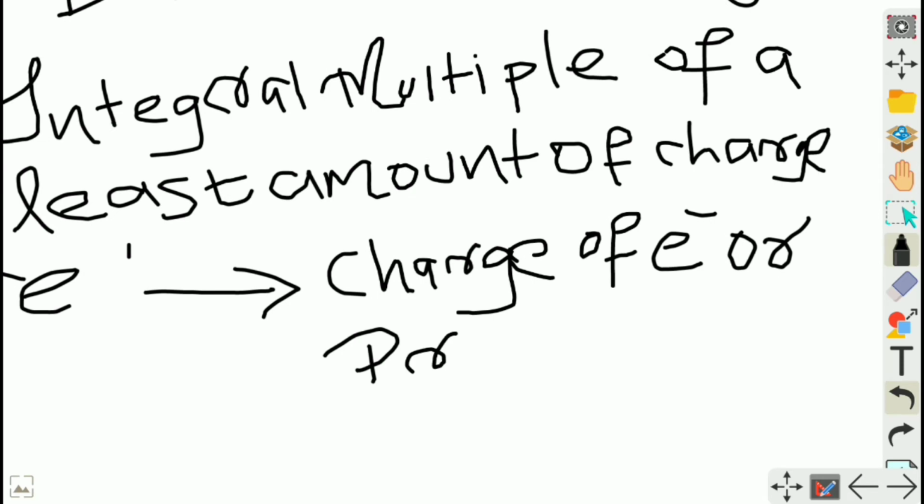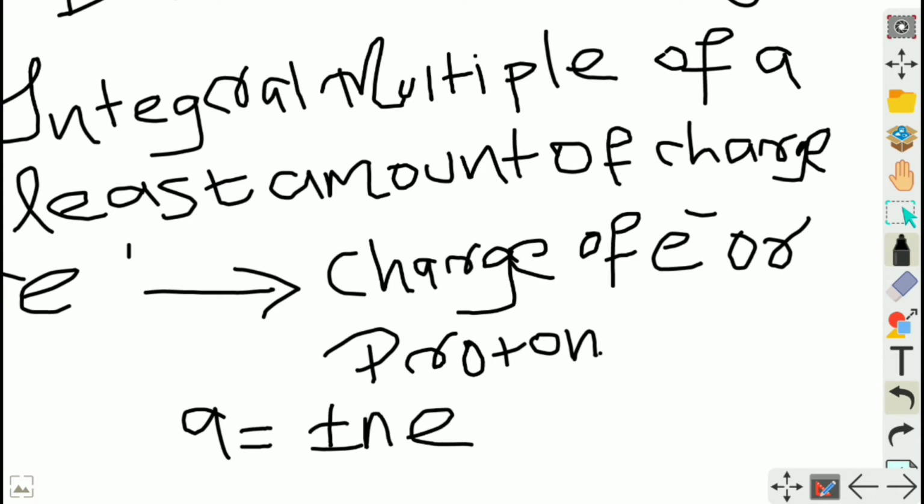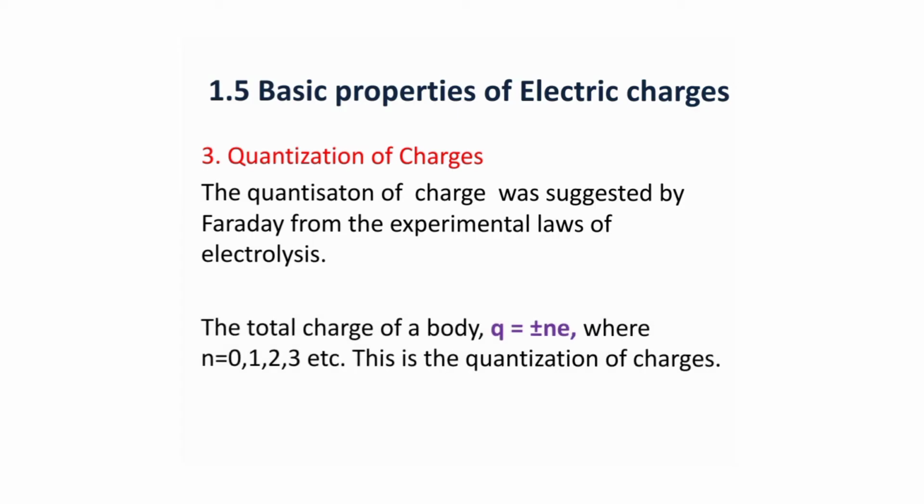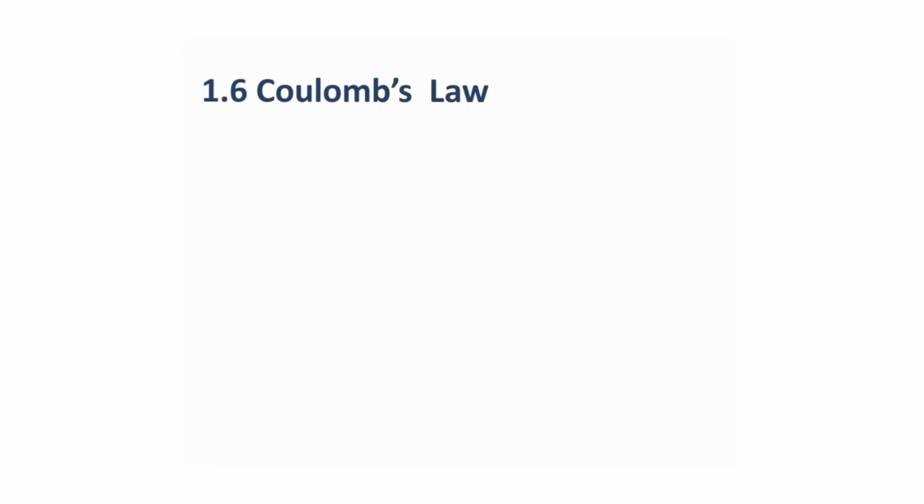Hence, the total charge of a body can be written as Q equal to plus or minus n e, where n equals 0, 1, 2, 3, etc. And this is the quantization of charges.